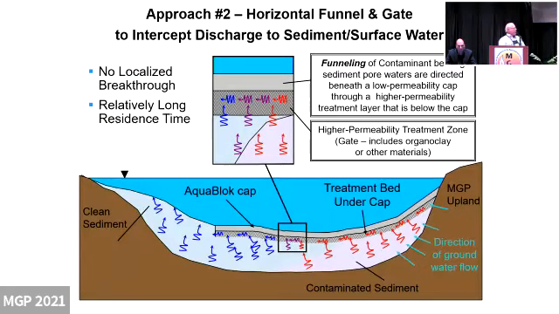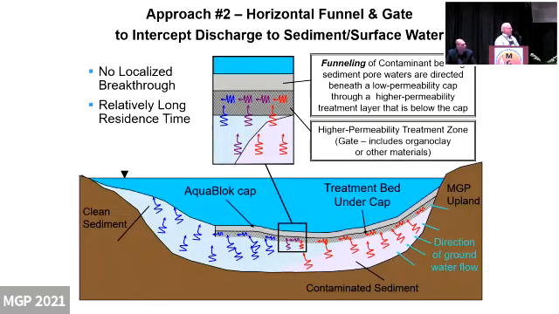The second approach I'll talk about is what we call a horizontal funnel and gate. A lot of people are familiar with the concept of a funnel and gate as it relates to a vertical permeable reactive barrier, where you're trying to push groundwater through a vertical PRB. But we took that concept and turned it on its side when we look at a sediment groundwater situation.